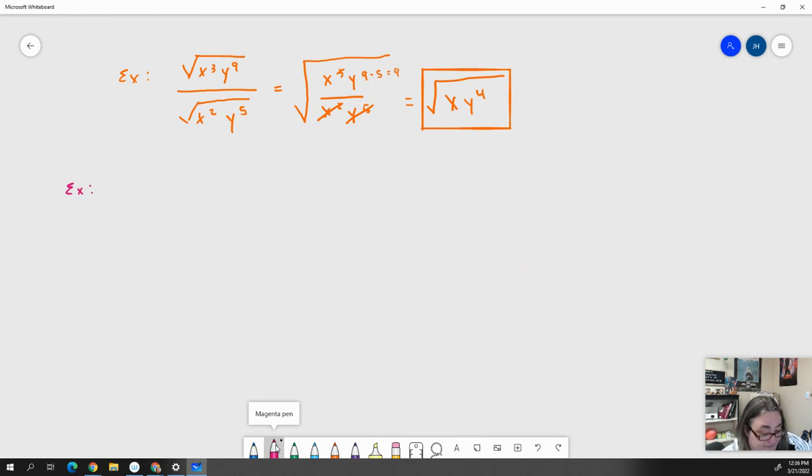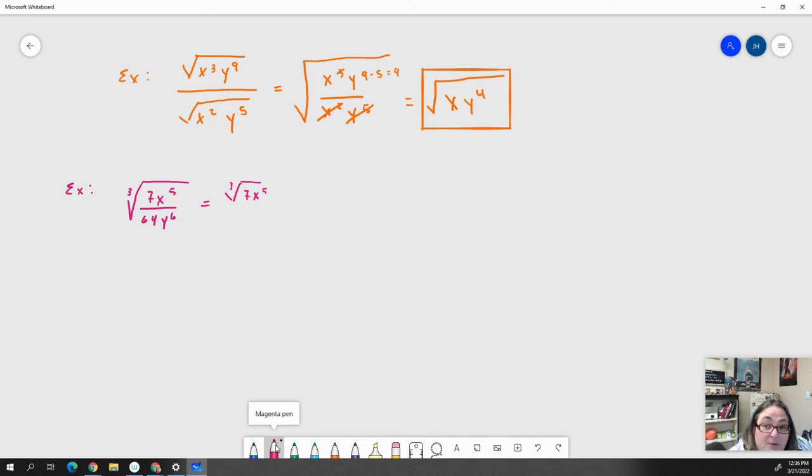So if I have the cube root of 7x to the 5th over 64y to the 6th. Keep in mind, this is a cube root. I could rewrite this as the cube root of 7x to the 5th over the cube root of 64y to the 6th.